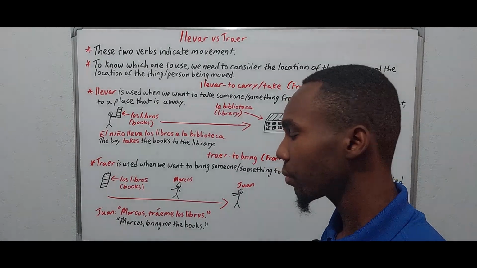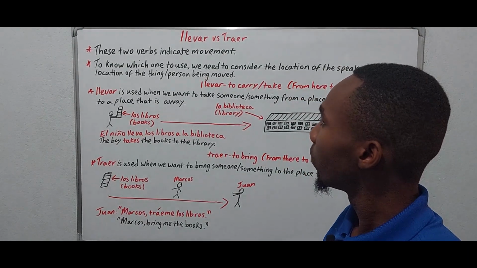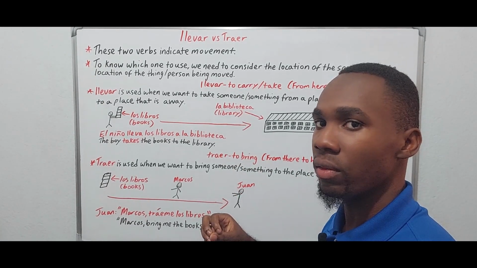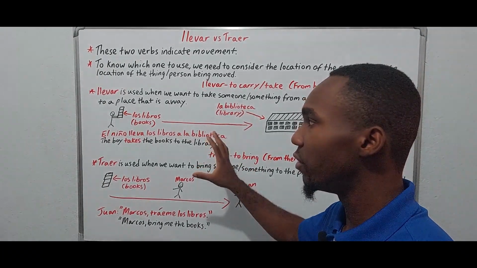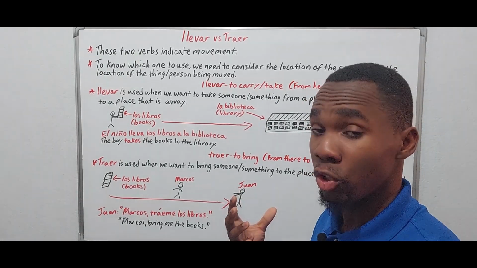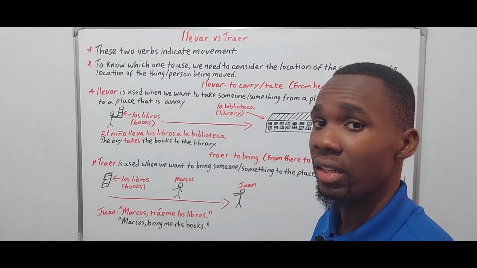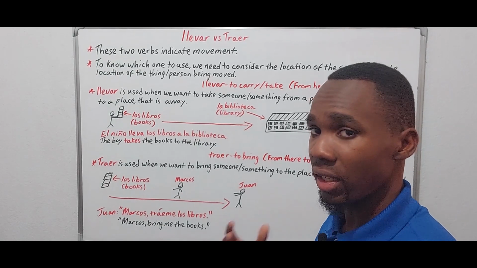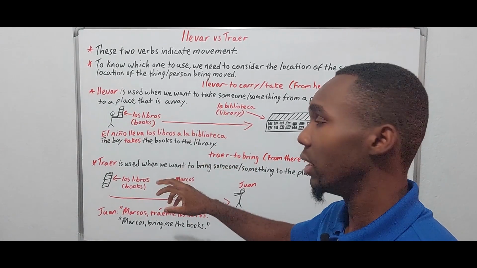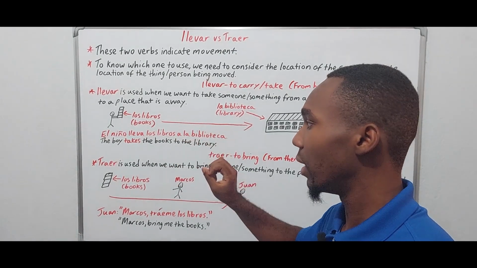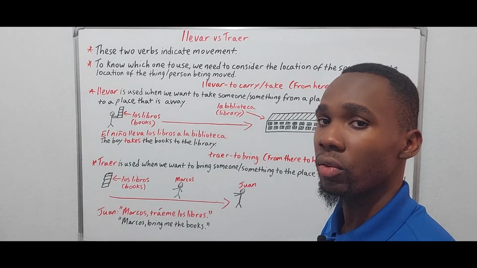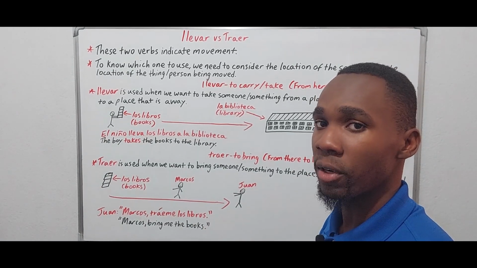So yes, we can use the verbs ir and venir along with these verbs to help us know whether we are using them correctly. In addition, we can use the adverbs ahí in the case of llevar and aquí in the case of traer to also know whether we are using them correctly.